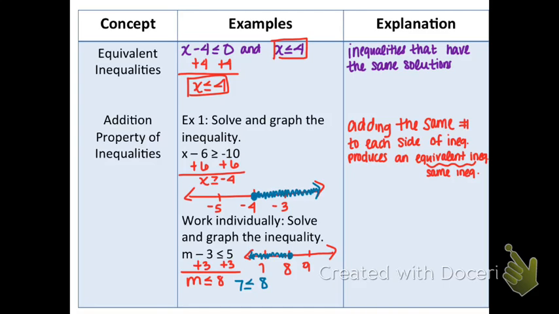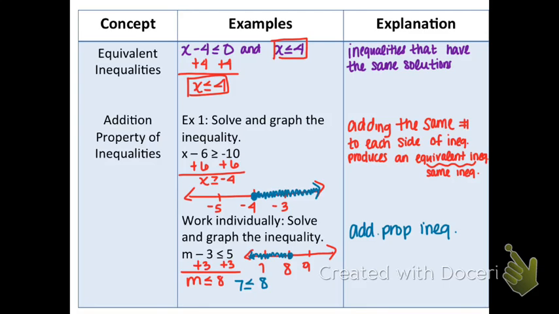Oh, something that I didn't point out in the explanation in the first example is that I want to use a closed circle. So I'll just write it for this second part of the example. So I use the addition property of inequalities first.